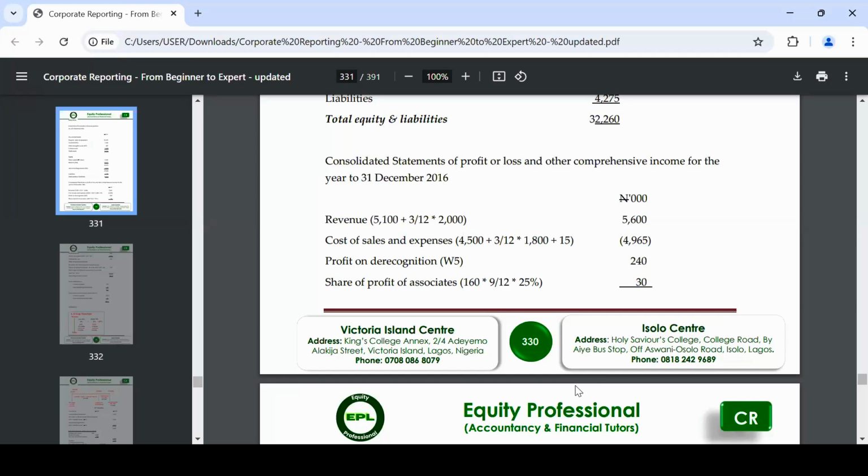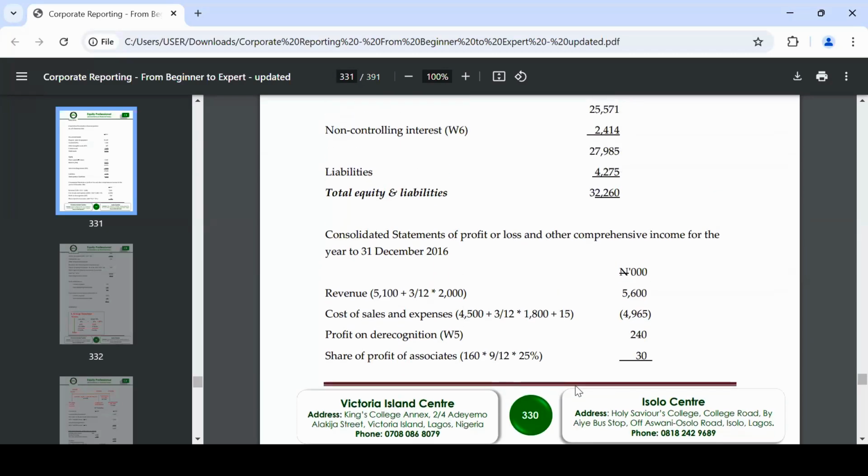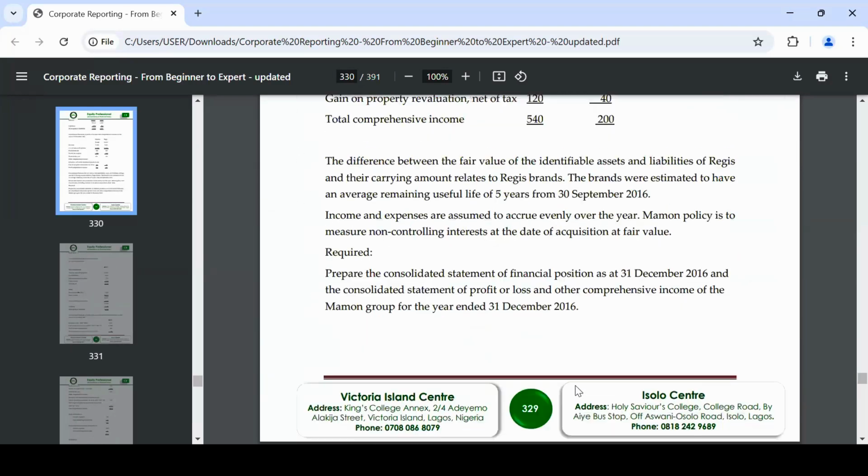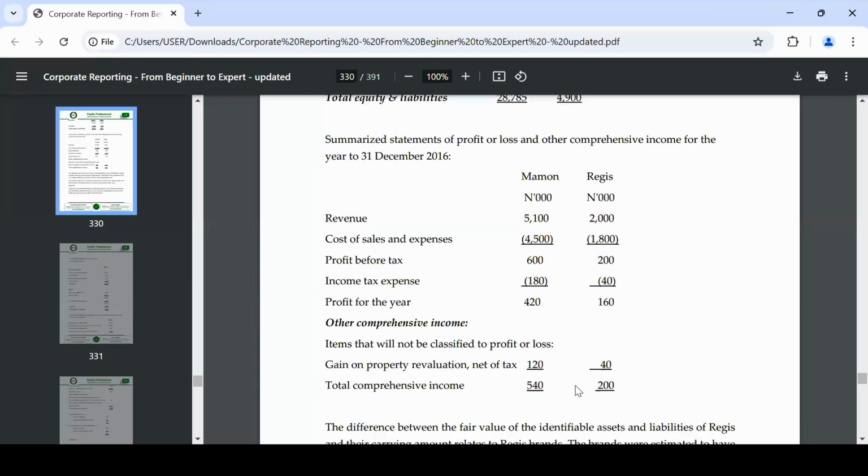So all of the revenue, incomes and expenses of Regis that you were given in their separate statement of profit or loss, you are only going to apportion for 3 months. I think when we were doing the building blocks for simple consolidation, one of the exercises there was acquisition during the year.